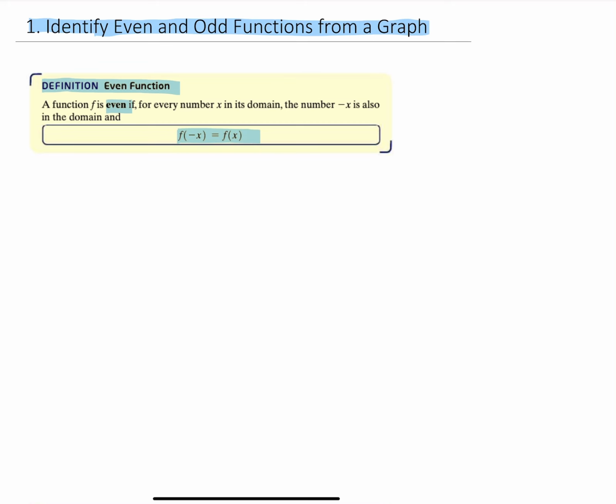This means when you plug in the negative version of whatever the original input was, you get the same output. f of negative x is equal to f of x. This causes a symmetry across the y-axis.